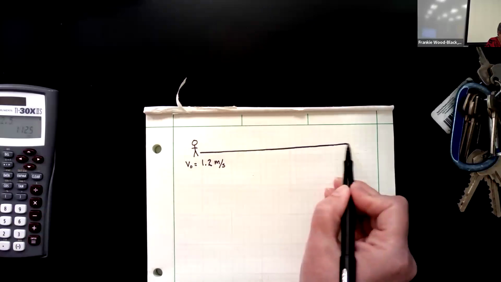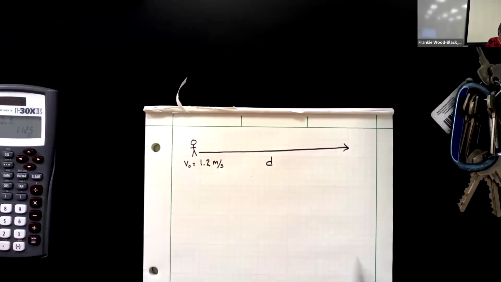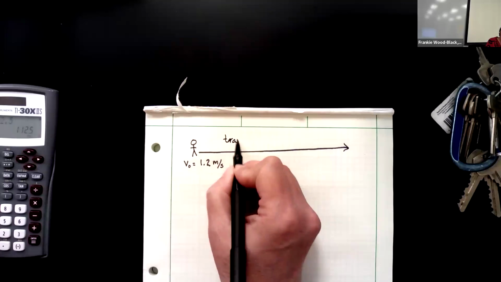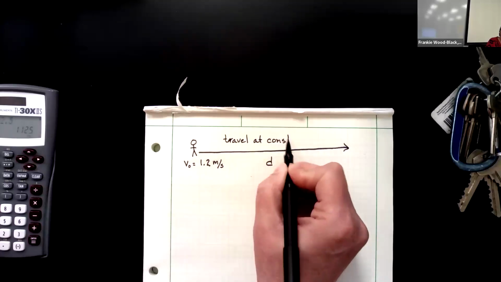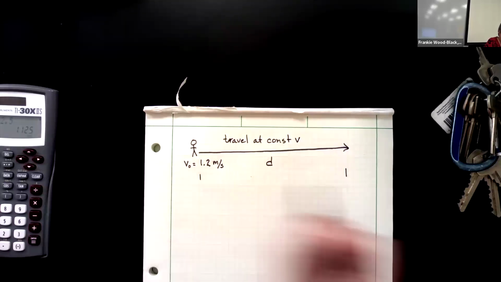And we're going to run a distance here. And we're going to travel at a constant velocity. Okay, and we're going to run a distance.